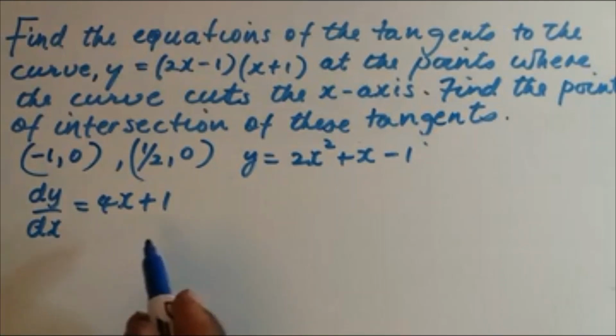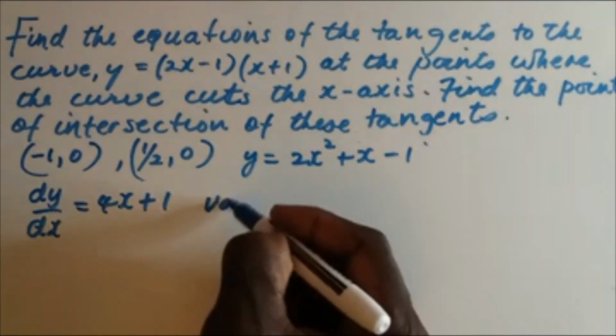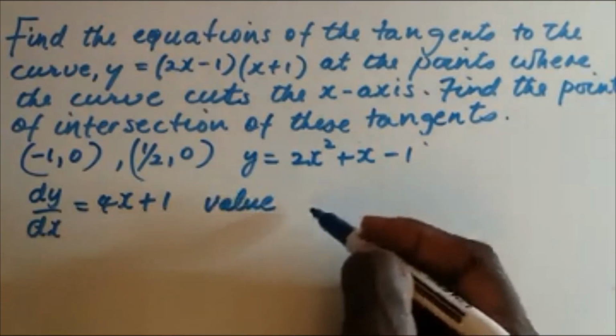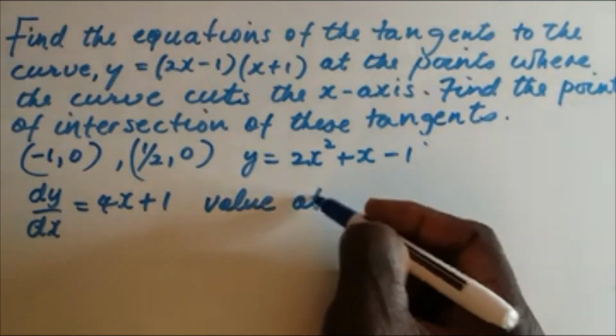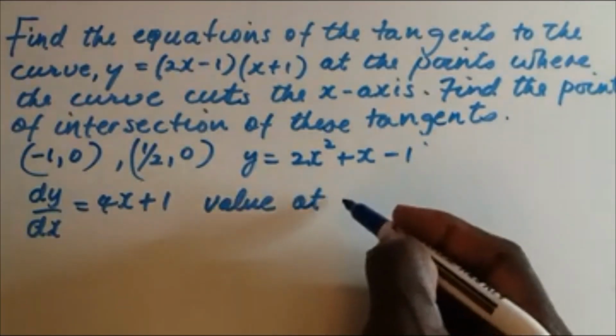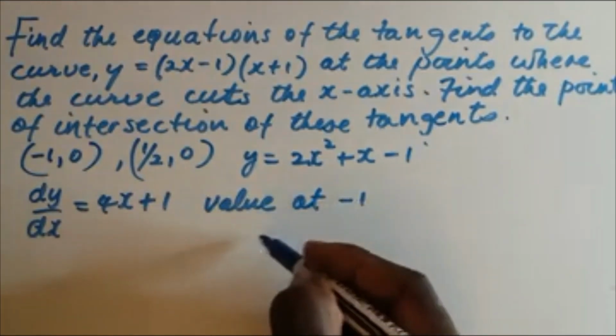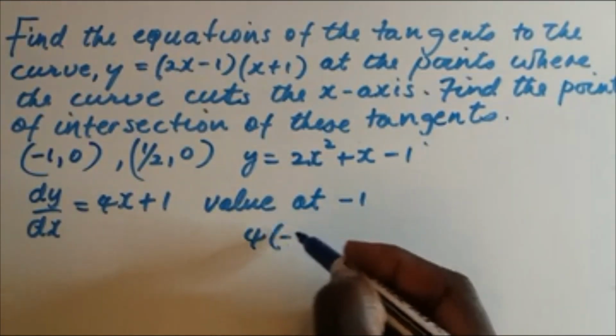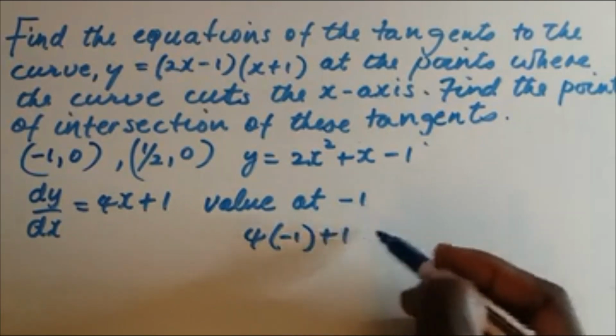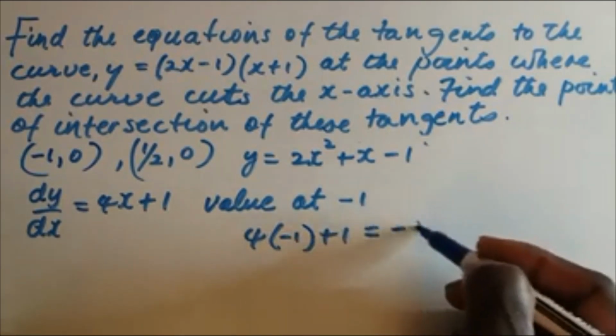So this is the gradient function, and the value at -1 would be 4 times -1 add 1, which is equal to -3.